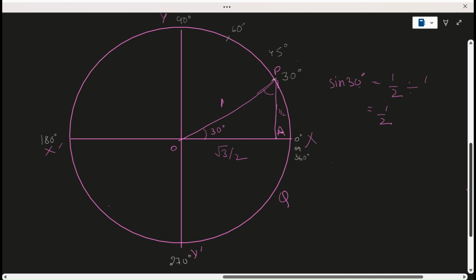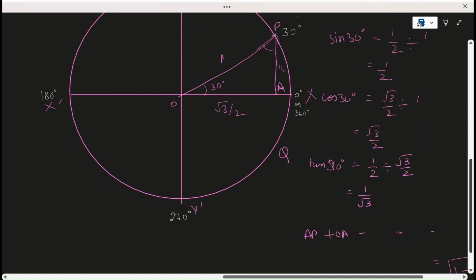So we have the value half. Cos 30 degree is base, that is under root 3 by 2, divided by again hypotenuse, that is 1. So value is under root 3 by 2. For tan 30 degree, that is perpendicular upon base, half divided by under root 3 by 2, that is 1 by root 3.